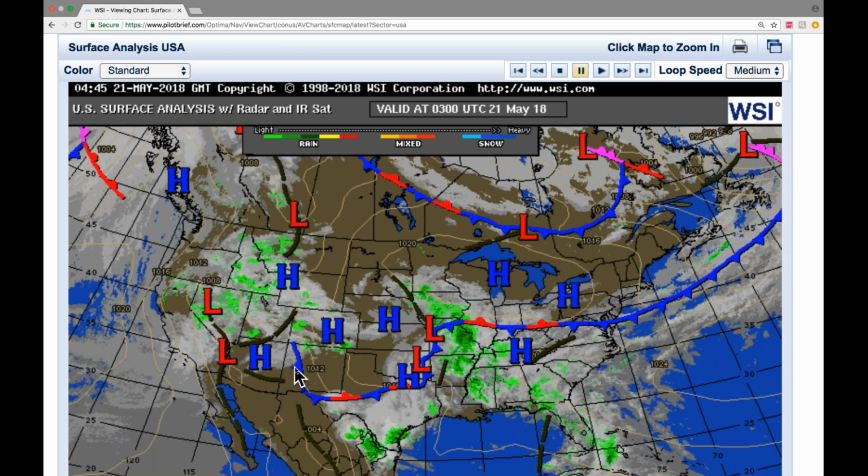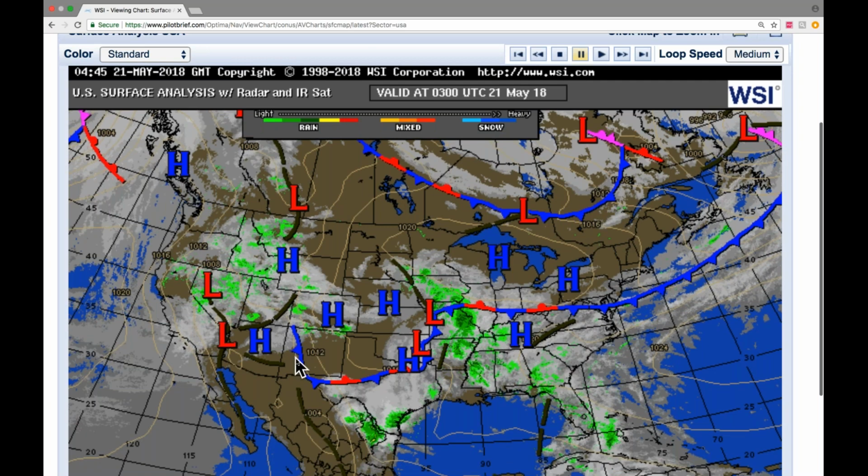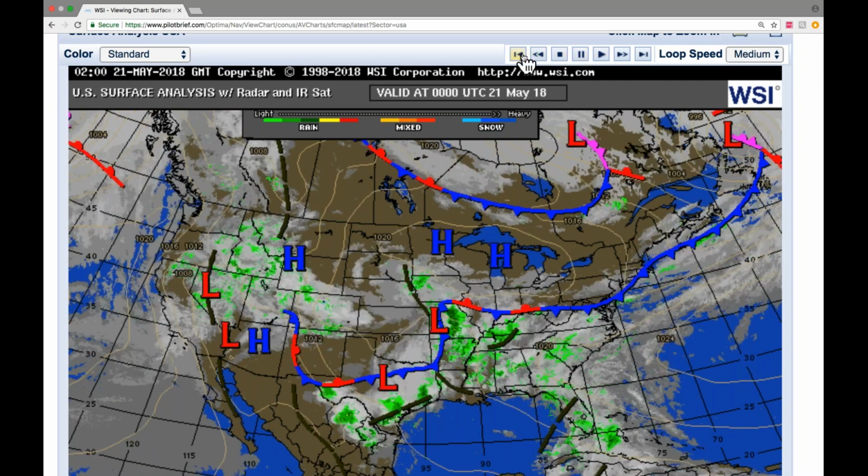So if you remember the radar that we were just looking at, you could see the stationary front there.